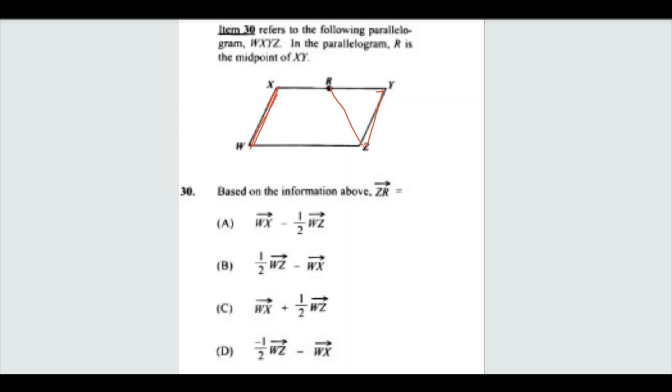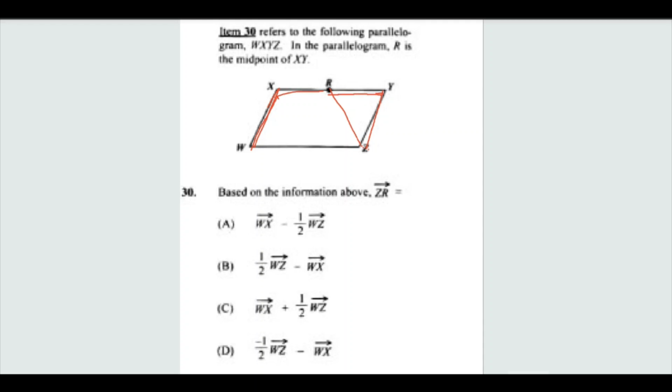So we can say ZY, or you can say WX. So it's WX plus half YX. So let's see which one of the options has that.